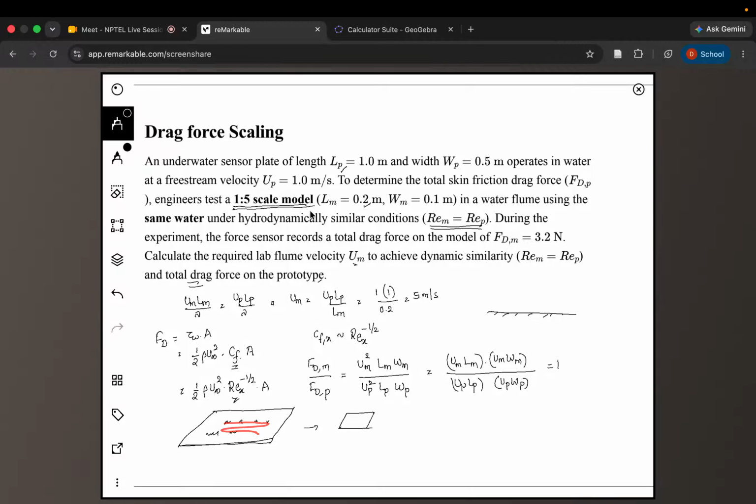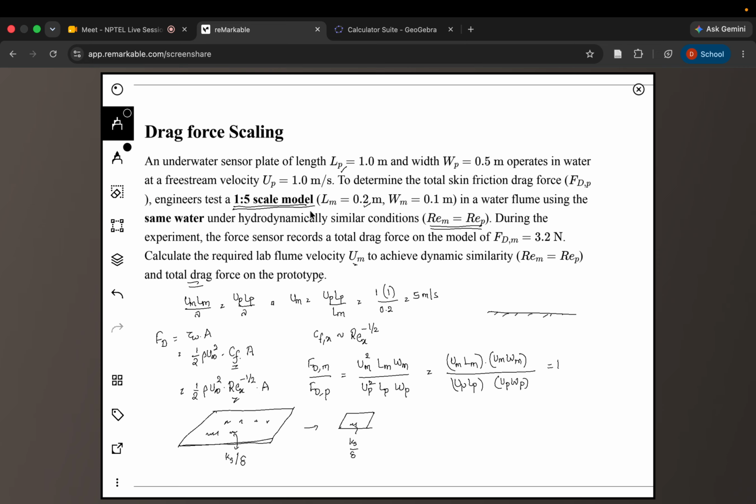If I have this roughness, let's say given by Ks, then the Ks value divided by the boundary layer thickness should also match with the values here. Because I have scaled down, delta will also reduce, which means when I make a model, the model also needs to have an even smoother surface than the actual one, which may not always be possible.